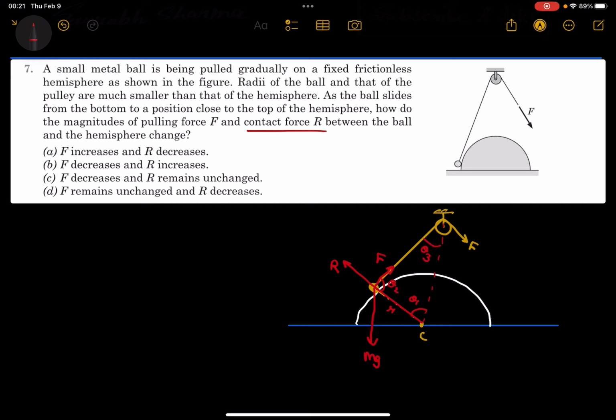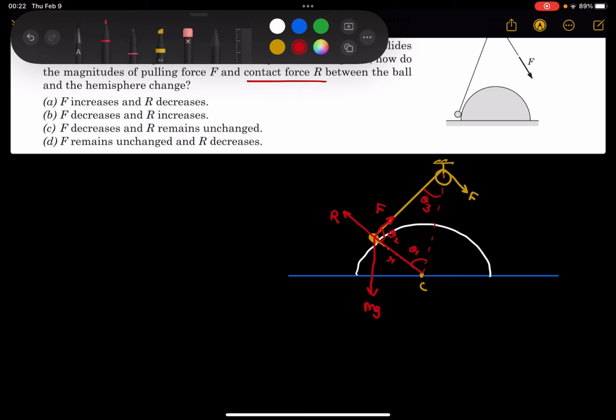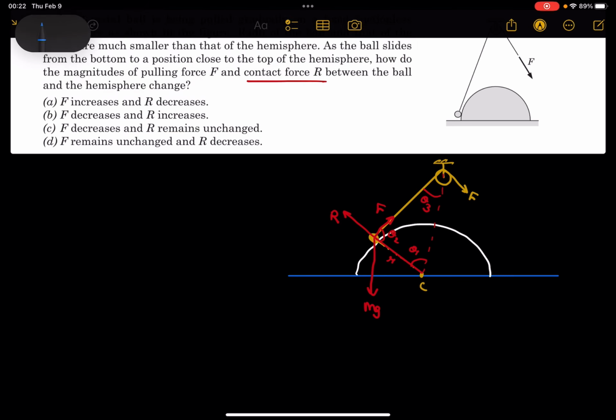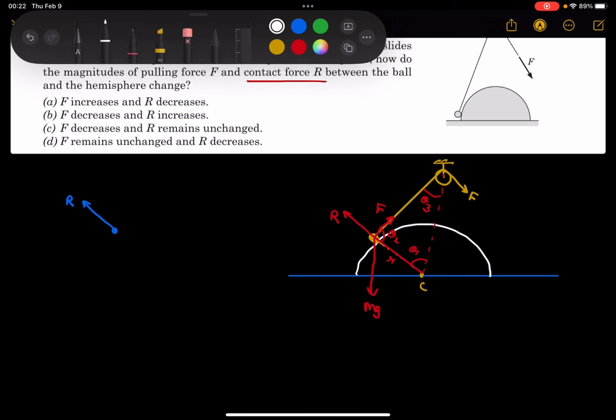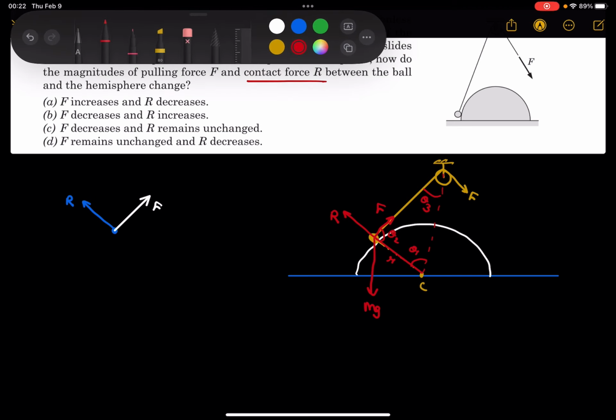So if I draw the forces carefully in vector form, this is the point of the ball. One force is acting here, it is R. The other force is F, and the downward force is mg.